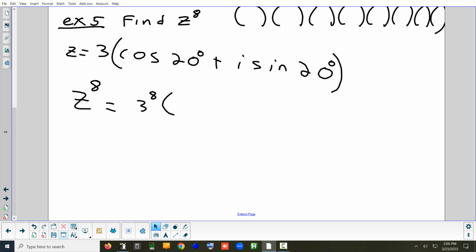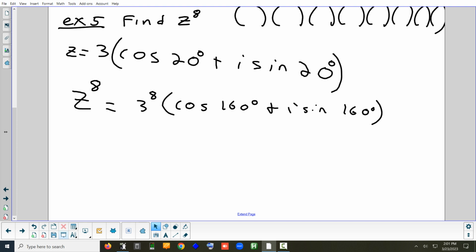What's the exponent here? 8. So you multiply the angle by 8. What do you get when you multiply 20 times 8? 160. Since that did not go over 360, I don't have to worry about adding or subtracting 360. 160, that's fine. Plus i sine 160.